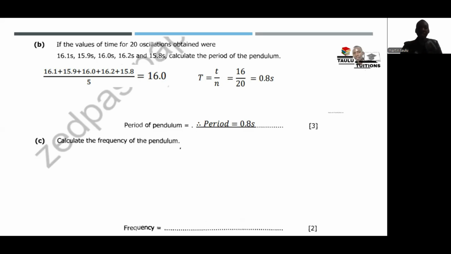C says, calculate the frequency of the pendulum. Frequency of the pendulum is given by two formulas as well. Frequency is equal to 1 over period is the formula I'm going to use. That's the formula you are seeing on the screen. However, we can also use the other formula, frequency is equal to number of oscillations over time.